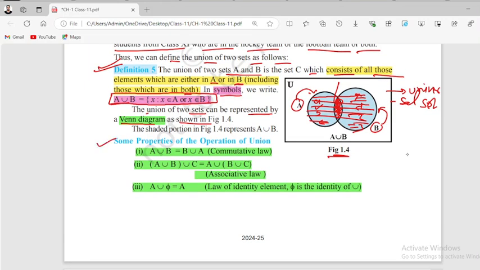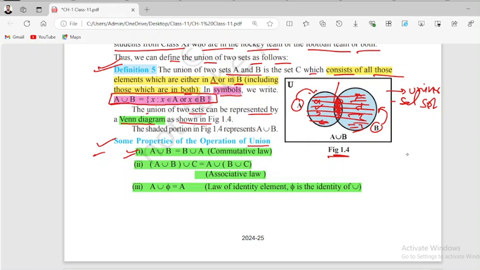Now some properties of the operation of union. The first properties we have already discussed: the commutative law, the associative law, and the law of the identity element. Phi is the identity of a union. We have discussed this in previous classes.